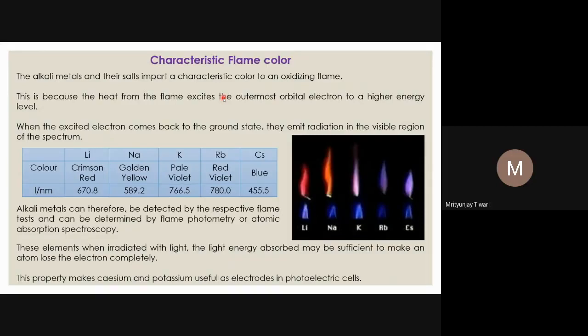And why does it happen? Actually, in an oxidizing flame, this metal, which is neutral, can easily give its electron, and that electron will go to a higher energy state. And when those electrons get back to the original or ground state, because we know the excited state for any substance is not a very stable state, and substances or any material do not stay in the excited state for a longer time.